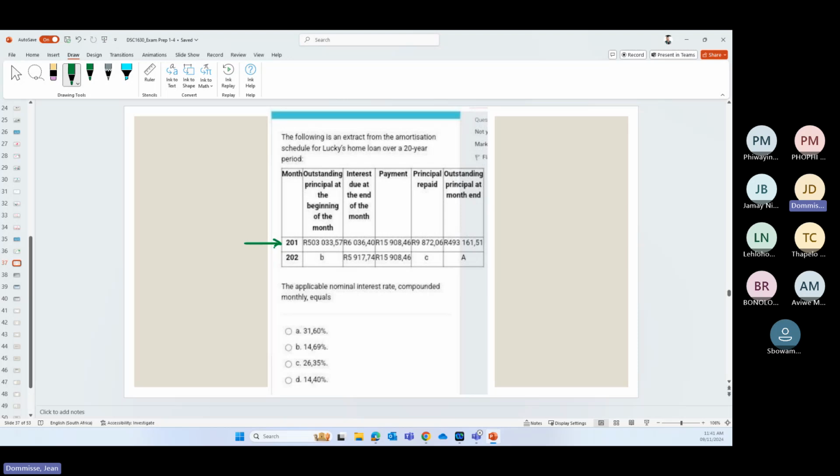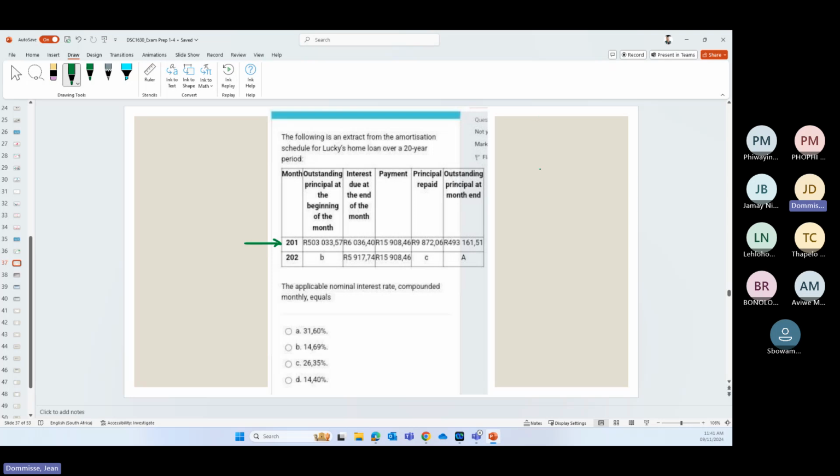We can see from the payments it is the same, so we can work out the principal repaid, if they ask us, option C as well, so that we also can get to that outstanding amount.